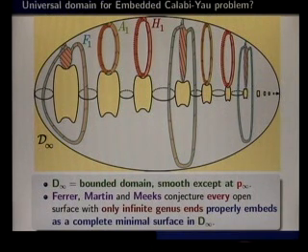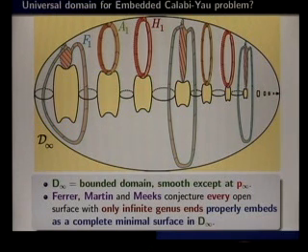So that's called the embedded Calabi-Yau problem. A simple question would be, does there exist an open surface with a complete injective immersion of it into, like, a ball in space? That would be the simplest way to propose this.